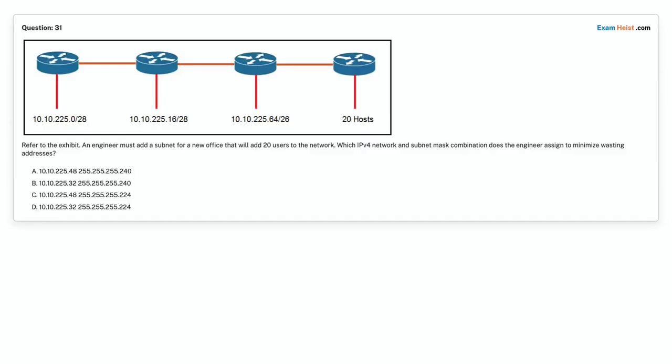Option A. 10.10.225.48, 255.255.255.240. Option B. 10.10.225.32, 255.255.255.240. Option C. 10.10.225.48, 255.255.255.224.